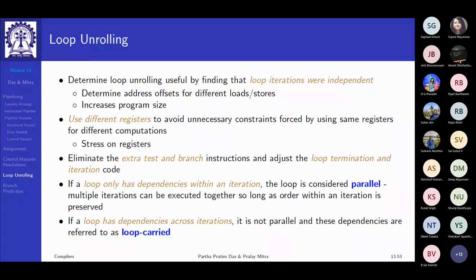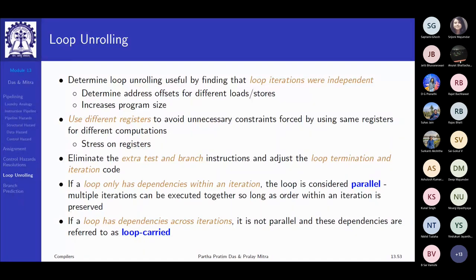Now, first thing in loop unrolling that the compiler has to decide is whether the loop unrolling is useful. Right? Unrolling every loop may not be useful. So for loop unrolling, we would mostly need to decide whether the loop iterations are independent. We need to determine address offsets for different loads and stores, because as you unroll, suppose you are accessing an array A[i], right?